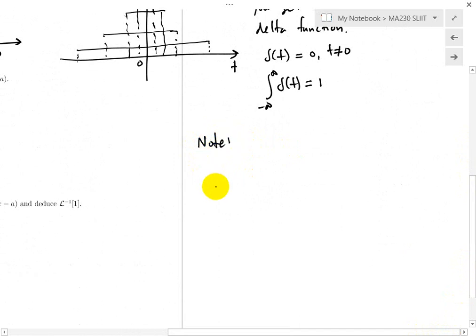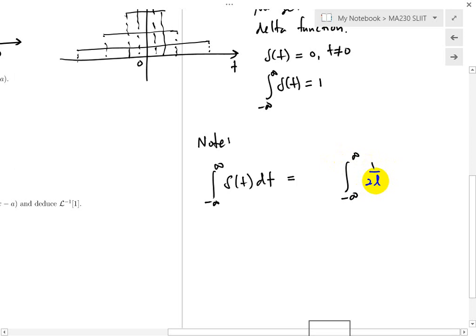So note that we integrate from minus infinity to infinity the delta function, delta t dt. We can write this as the limit of a rectangular pulse, where our height is 1 over 2L.